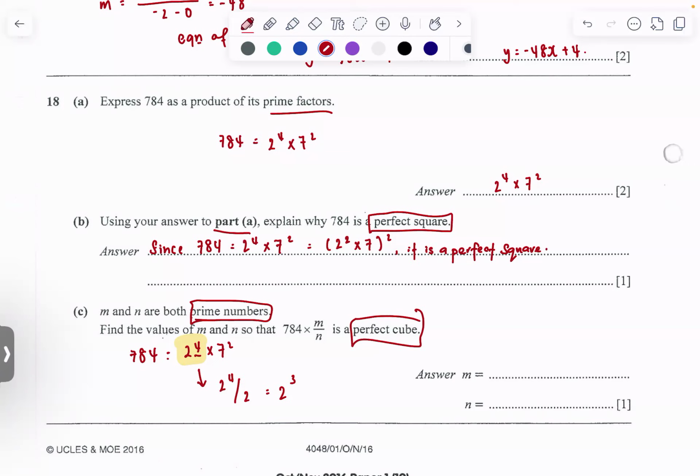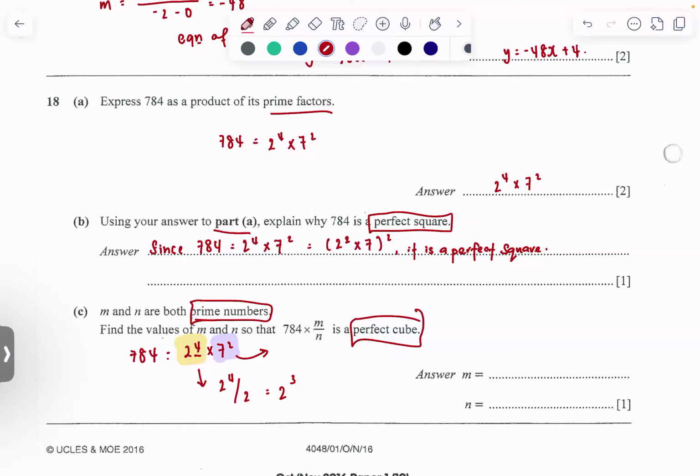Okay, so similarly for 7 squared, what should I do to make this into a perfect cube? I need to add a 7, right? Multiply by 7.